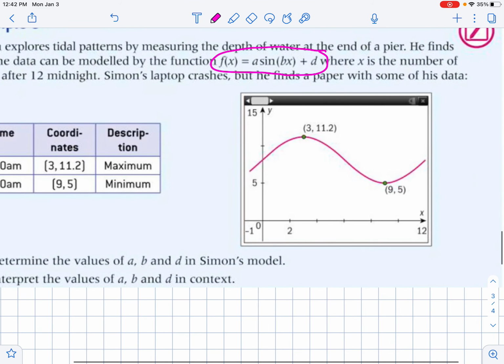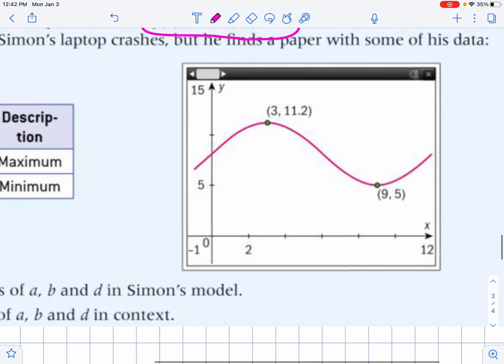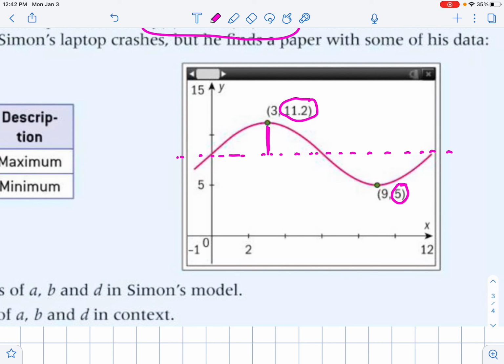Okay, we know that A is the amplitude. So if you were to cut a principal axis right through the middle, the amplitude is going to be this distance right here. The lowest this graph gets is 5, and the tallest it gets is 11.2. So if you add 5 and 11.2 together, you get what, 16.2?